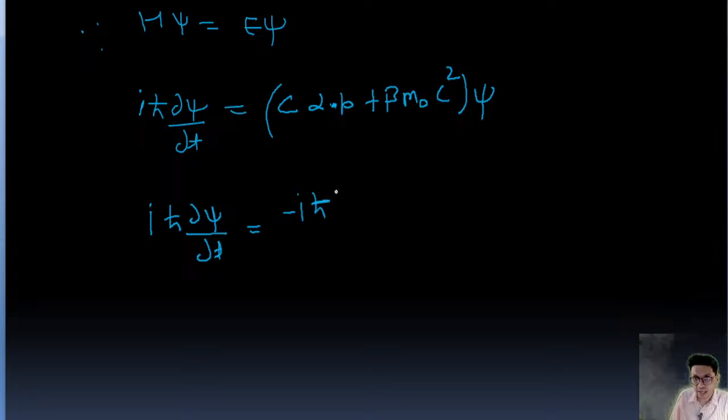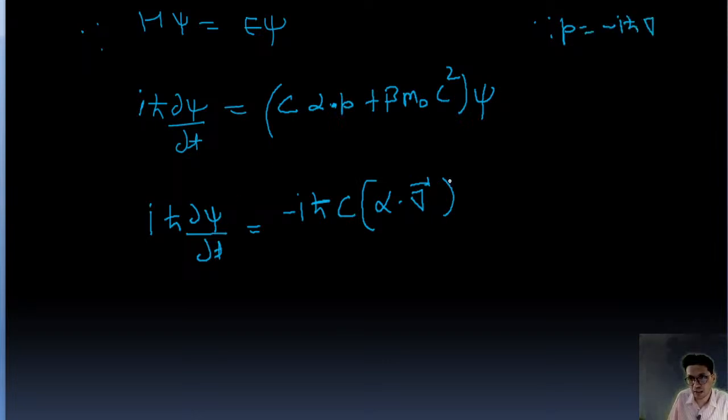So this is going to be i h cut del psi over del t equal to minus i h cut c, because we have put the value of P. P is minus i h cut del, right? So we have taken this common, and this is going to be alpha dot del.